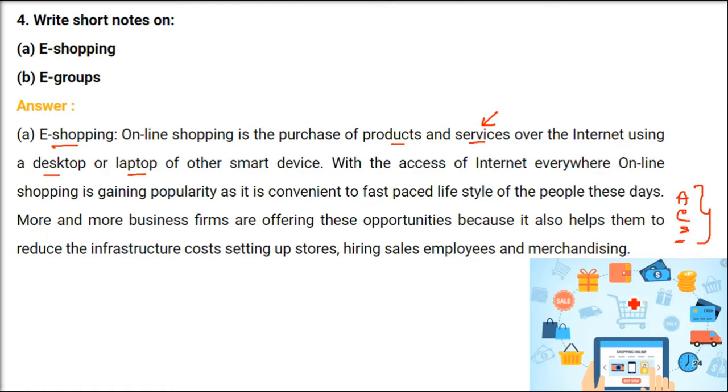The only time needed is the time to search for the item. Otherwise, you finalize it, do the payment, and it will be provided to you at your house by a delivery person.